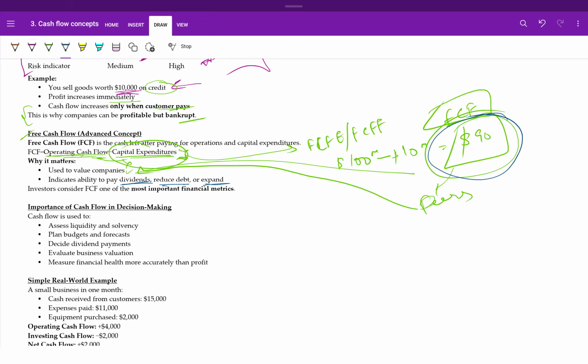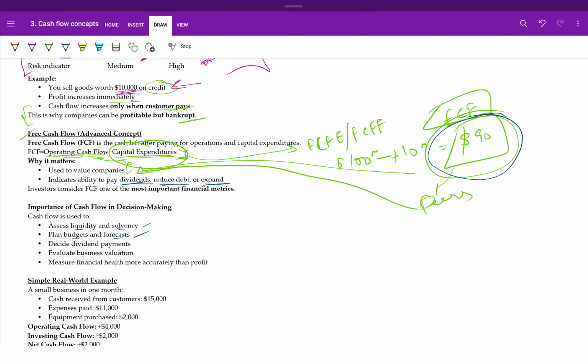The free cash flow number should be good. It says a lot about the organization and the way the management is running the business. So this is all assessed by free cash flow. The importance of free cash flow in decision making is that it assesses liquidity and solvency, how liquid we are, how solvent we are, how quickly we can generate cash, and helps plan, budget, and forecast.